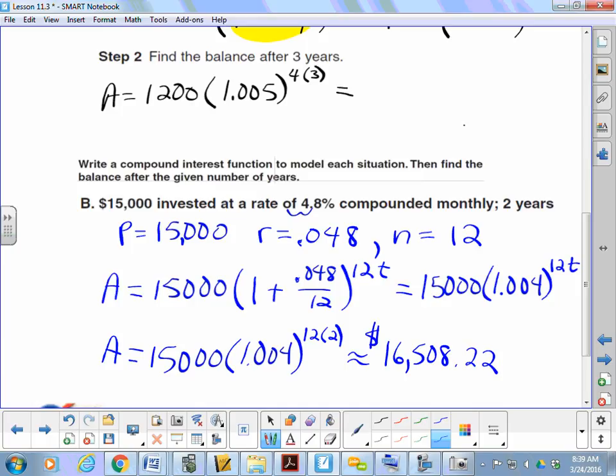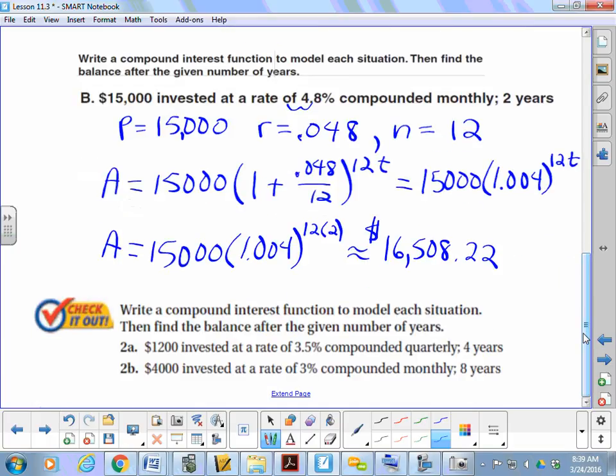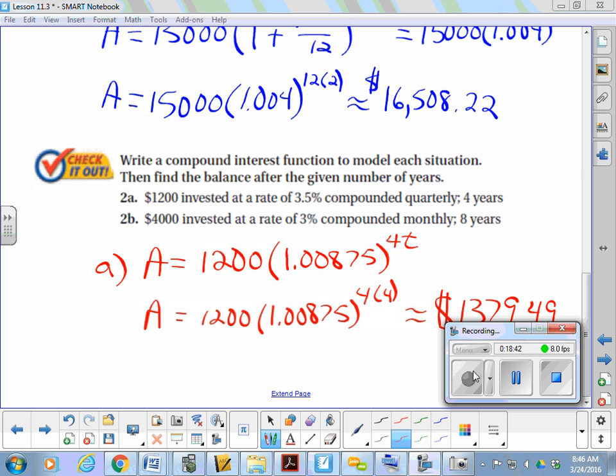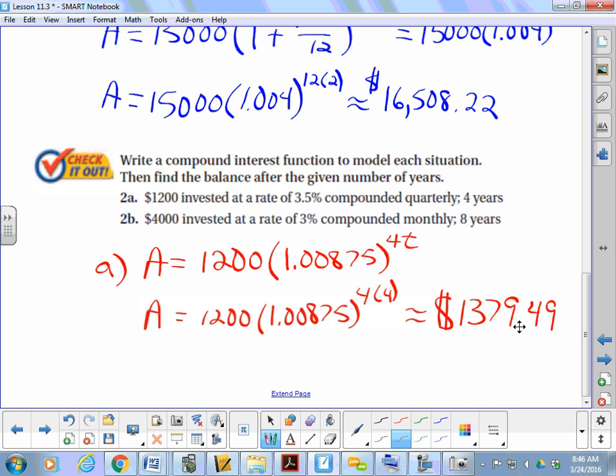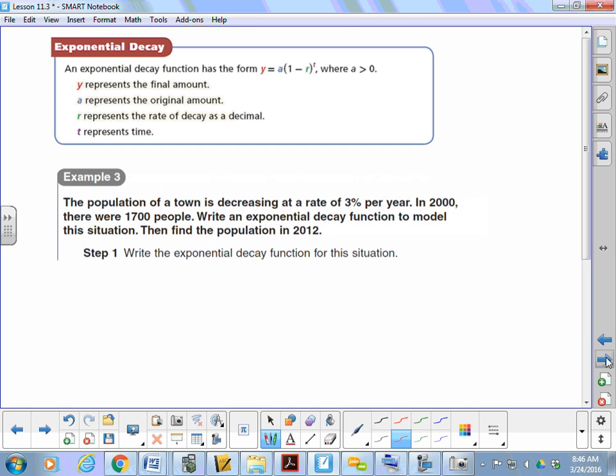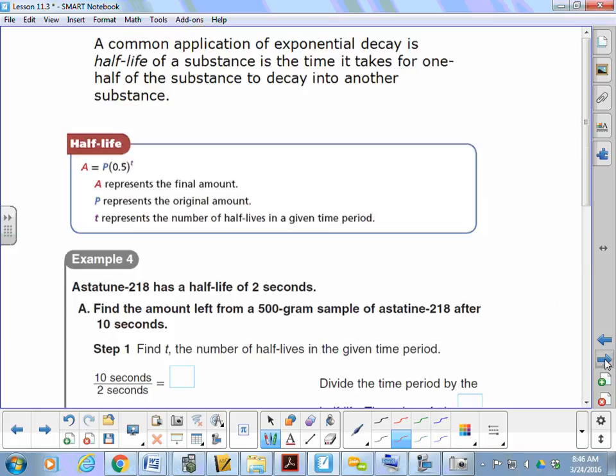So you would need to write, the investment will be worth $16,508.22 in 2 years. Write out a sentence. Make it happen. A sentence that tells what your answer means. Okay, last one. No, almost.